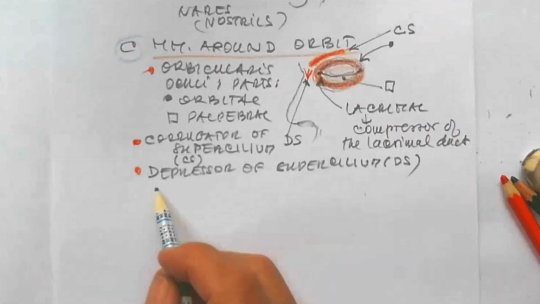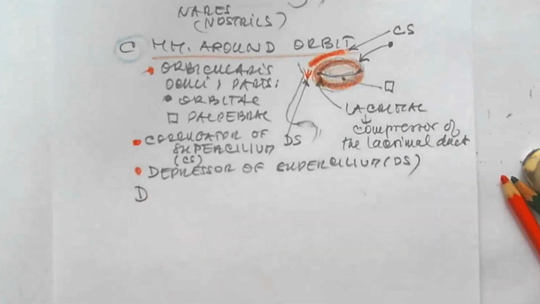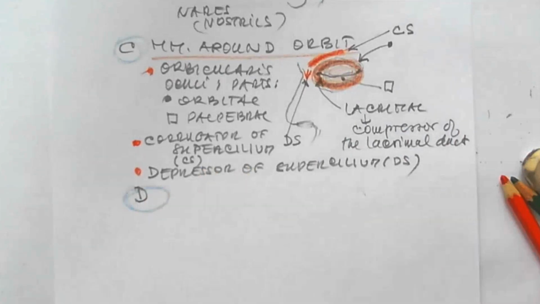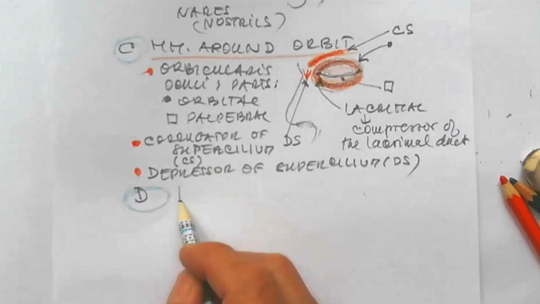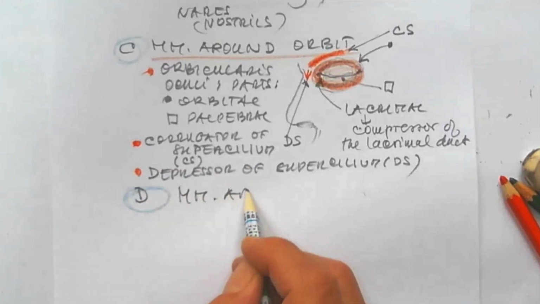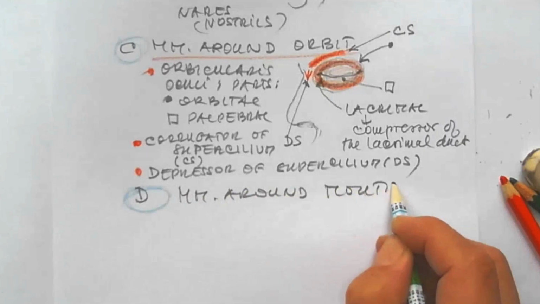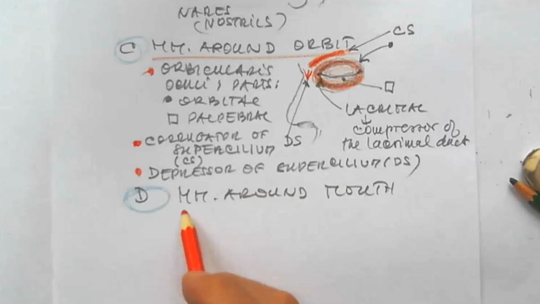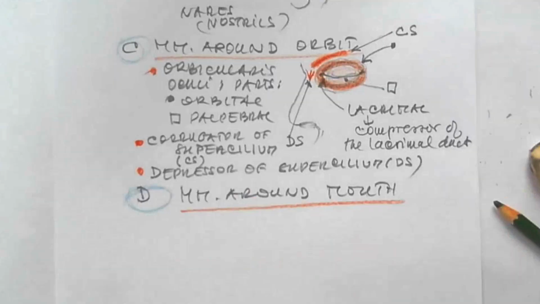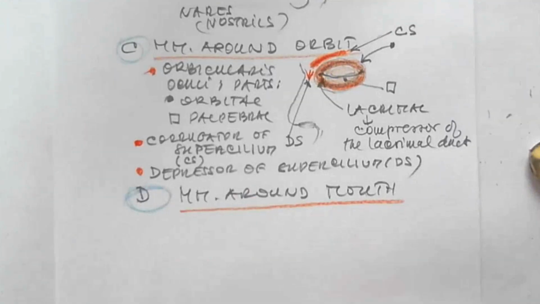Finished, and then in this place, category D: muscles around the mouth, muscles around the oral cavity, around the mouth is even better. These muscles represent two groups.